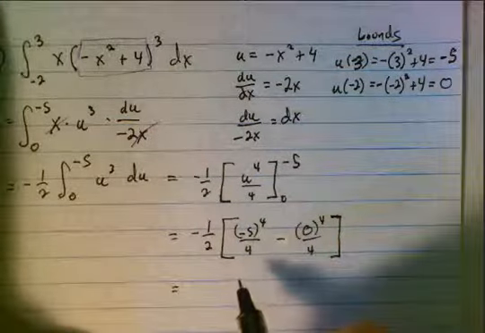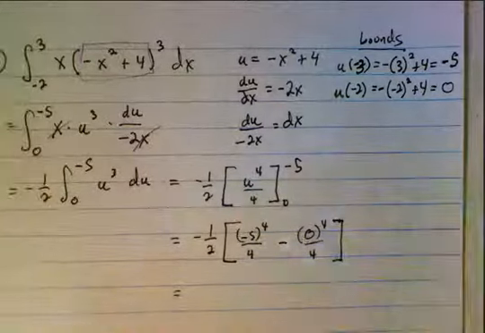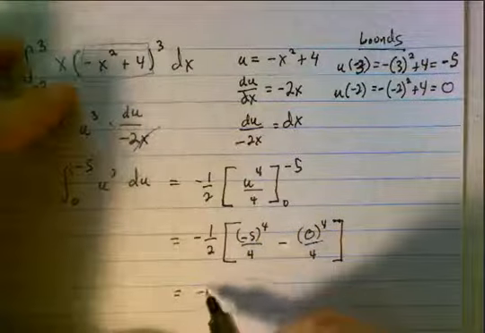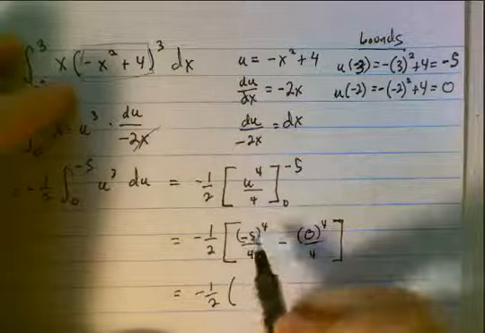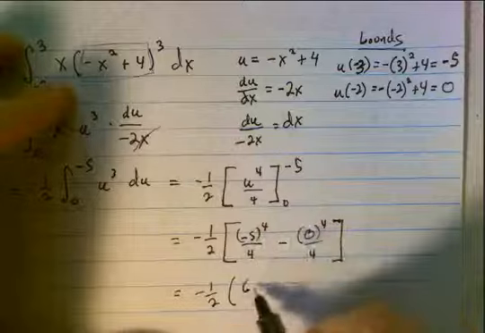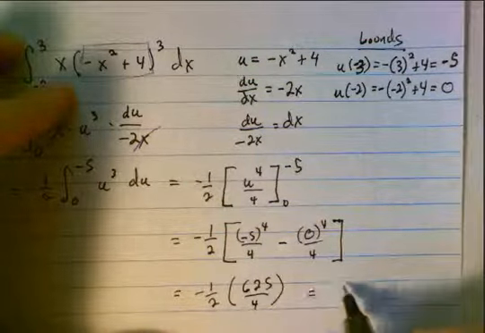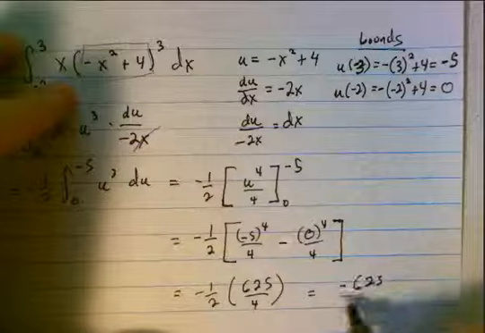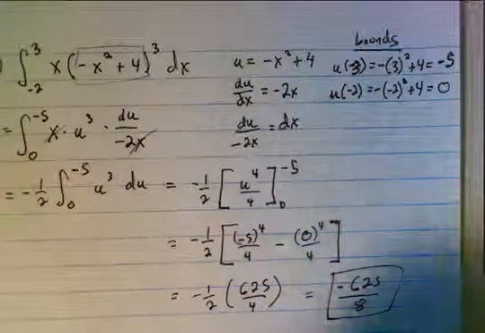So now, when I simplify this further, 0 to the 4th is 0. 5 to the 4th, 5 times 5 squared is 25. Square that again, 625. Multiply that out, that's -625 over 8. Again, super important.